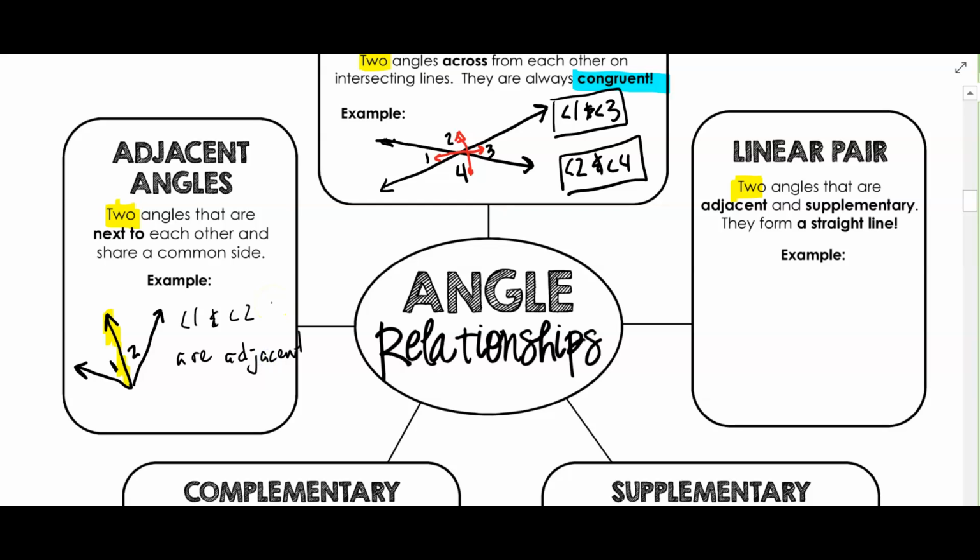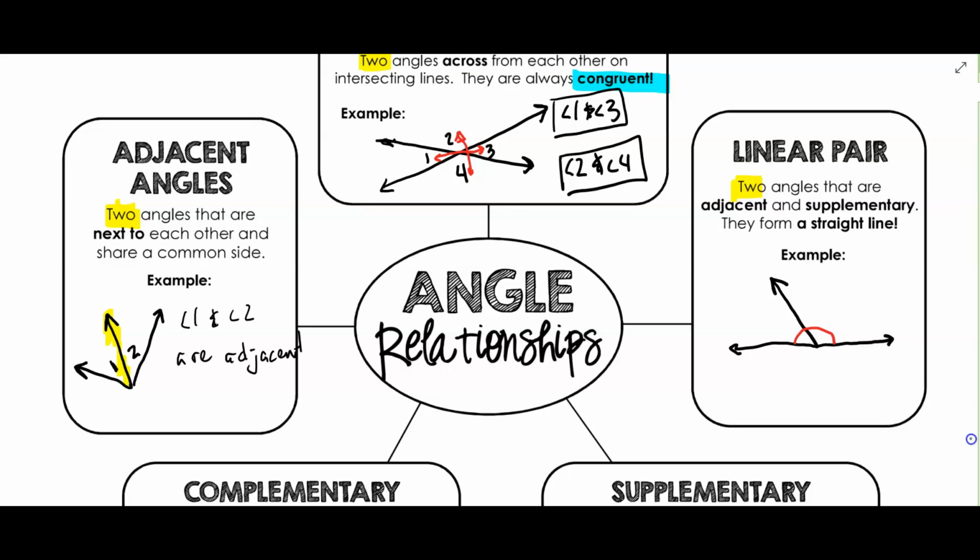Now, similar, we have a linear pair. It's two angles that are adjacent, so they share a ray. I'm going to draw my ray right over here like this. They share this ray, and they are supplementary. We haven't talked about that yet, but we're going to in a minute. They form a straight line. So if I draw one of the angles this way, and then I draw the other ray for the other angle this way, we can see that we have this straight line here.